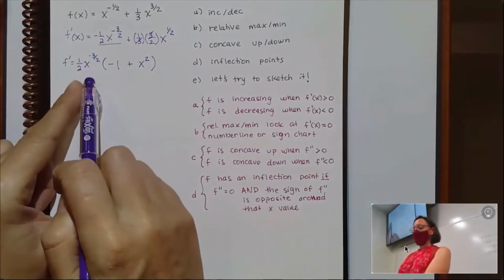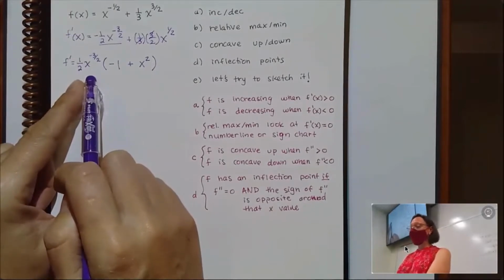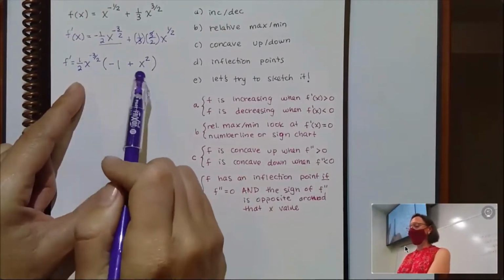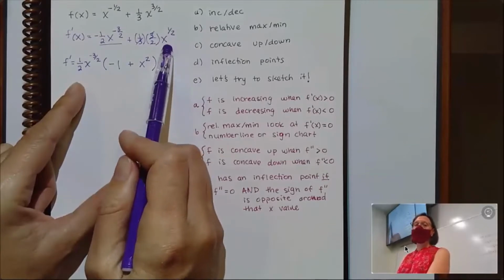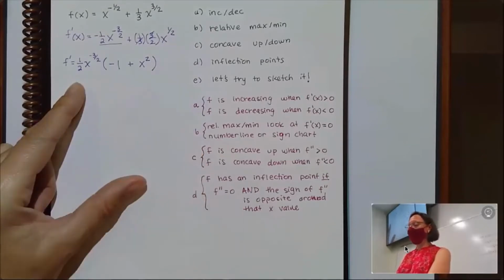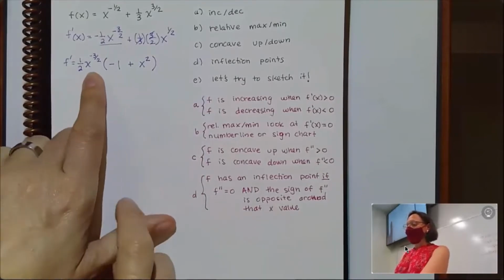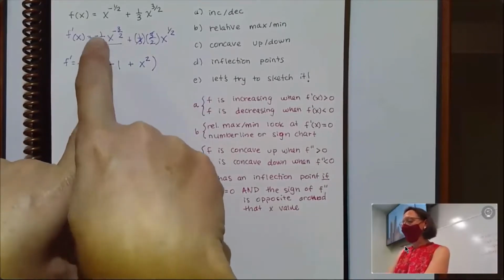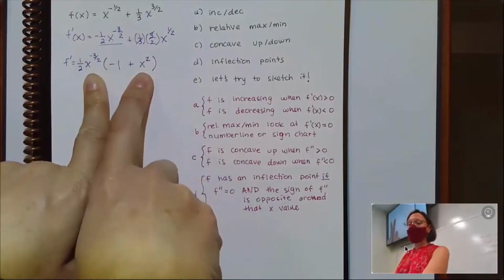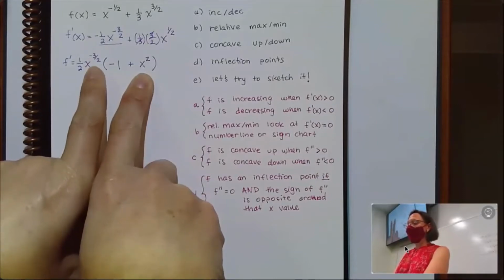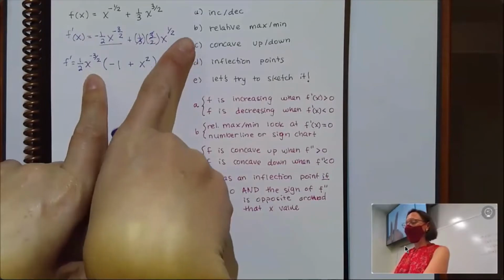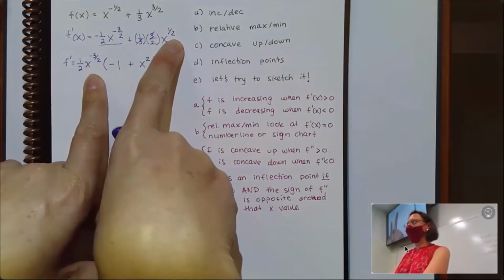When we factor stuff, it means that if we distribute this back in, we should get what we started with. So if I think about distributing this back in, x to the -3/2, when that gets distributed in and multiplied by x squared, I'd add those exponents. -3/2 plus 2 should give me a positive 1/2 back.